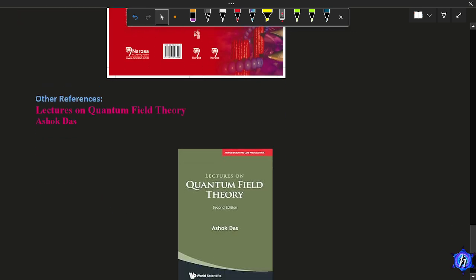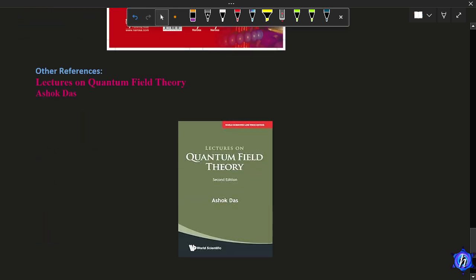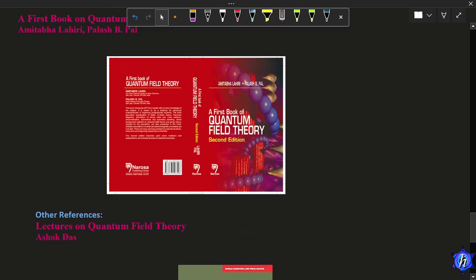These two books can go hand in hand, as they have similar approaches. Ashok Das also has another book, on the canonical and path integral methods, which I used and recommend as well. But for our course, this is going to be our primary reference.